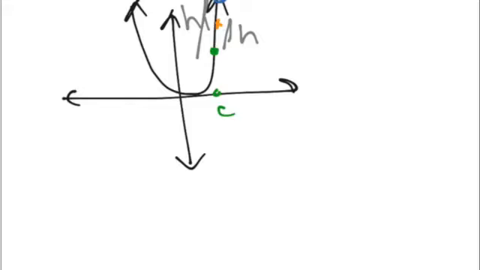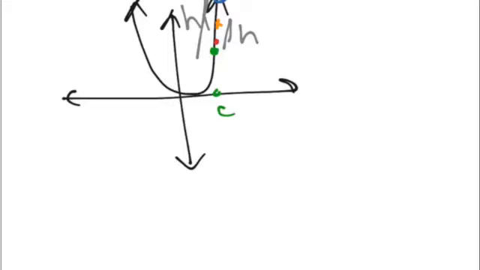Now we need h to be as small as possible. We want the point to be as close to C as we can get it for our slope to be the most accurate. So, as h approaches 0, as h decreases, our accuracy increases.